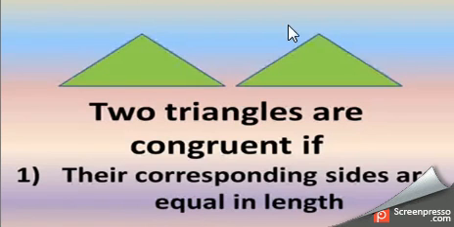If this side equals the length of this side, and this side equals the length of this side, and this side equals the length of this side, I can say these two triangles are congruent. So the two triangles are congruent if their corresponding sides are equal in length.